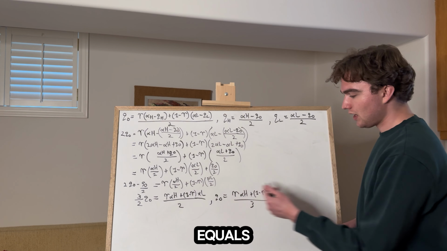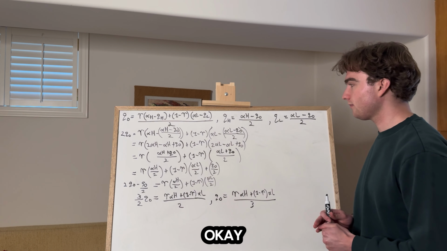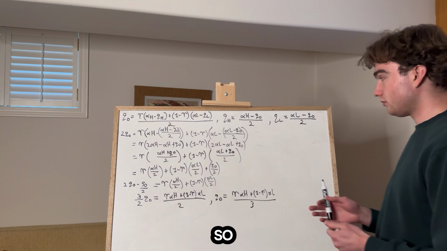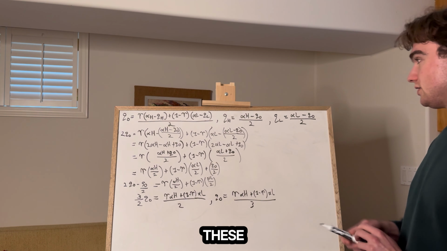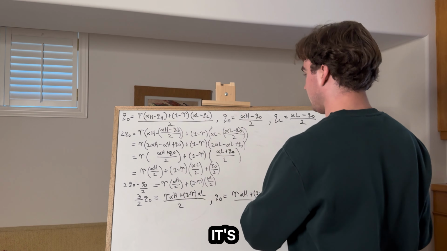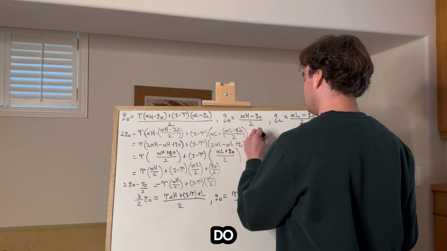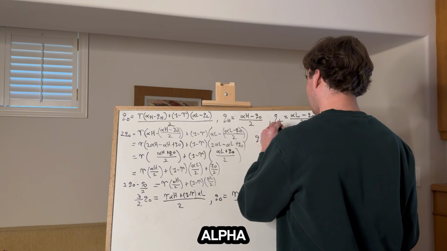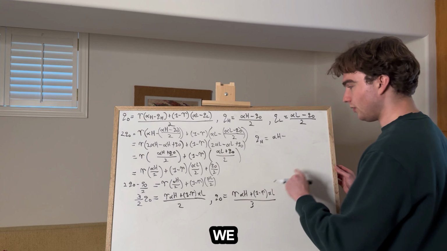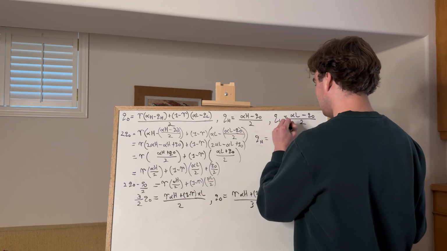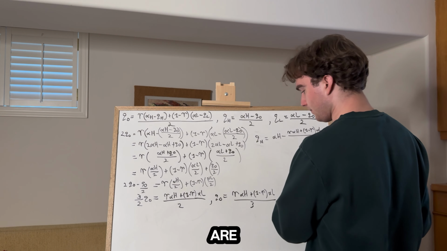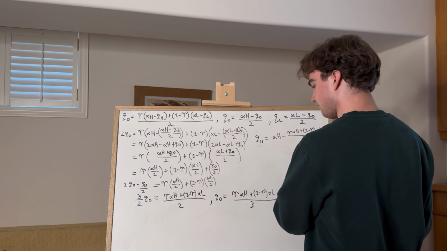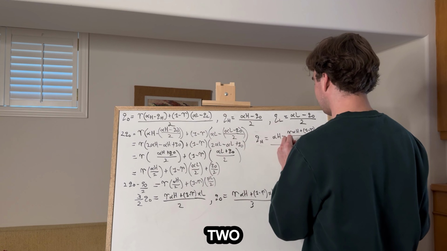So Q0 equals this right here, okay? So now we can solve for these 2. It's the exact same thing. Let's do QH equals alpha H less what we have here, and this is all over 2.